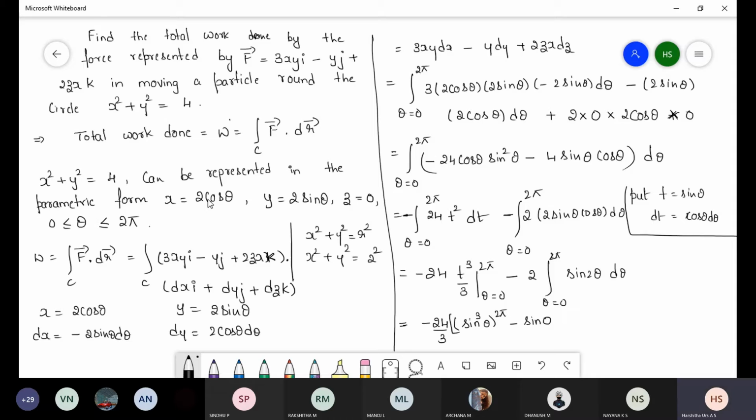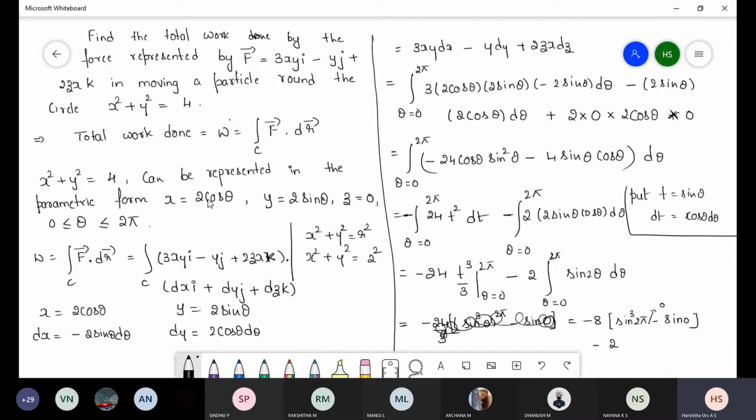I will write minus 24 by 3 is minus 8. So sin cube 2 pi minus sin 0. Sin 2 pi is 0, so completely this term will become 0.